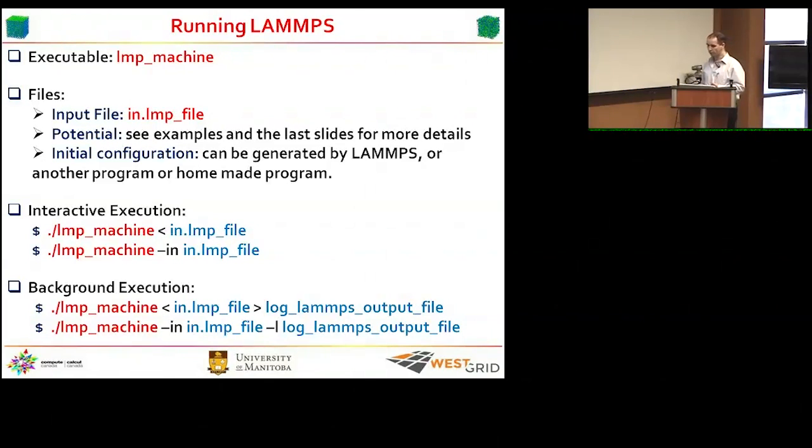But if you want to run this code on compute nodes, you have to redirect, because when you run, the program prints some data, so you have to redirect this data to another file, the output file. So to run, I use lmp_machine -in and the input file, and this is the output file.